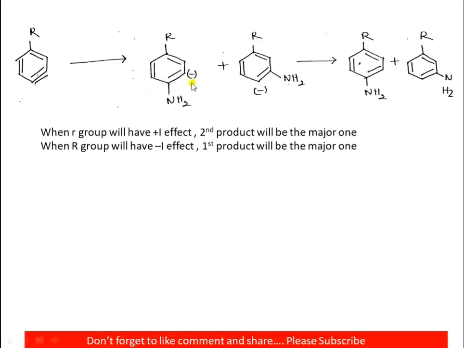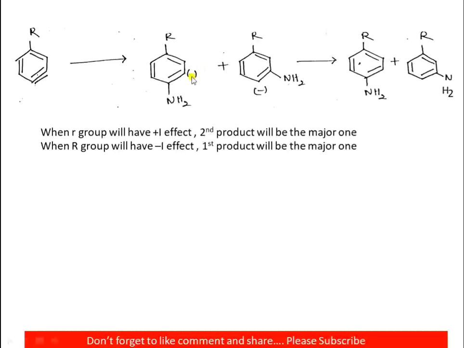That is how the second carbanion will get more stability than the first carbanion, and the product from the second carbanion will be the major when the R group has plus I effect.